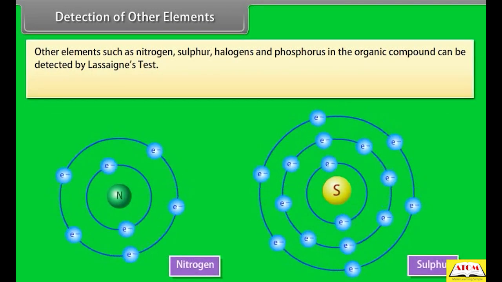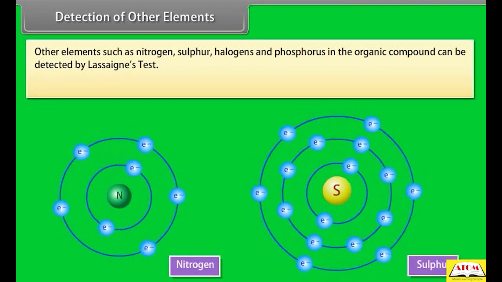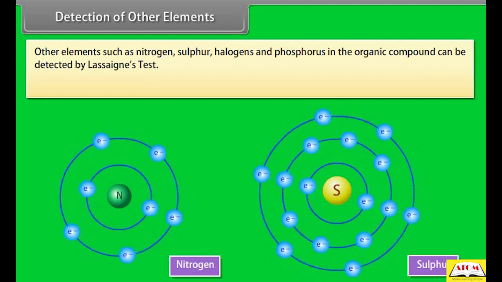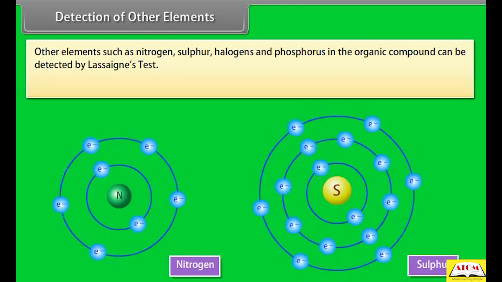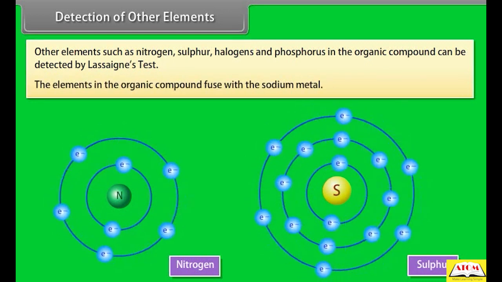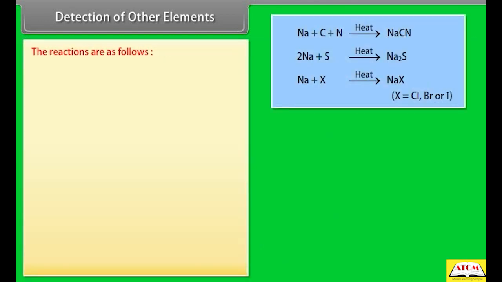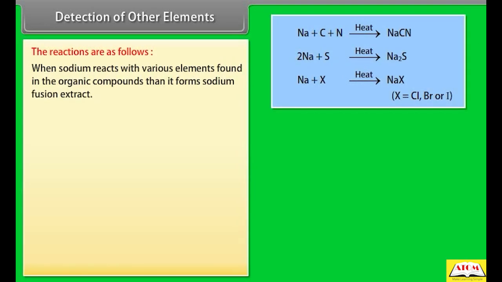Detection of other elements. Other elements such as nitrogen, sulfur, halogens and phosphorus in the organic compound can be detected by Lassaigne's test. The elements in the organic compound are fused with sodium metal. The reactions are as follows. When sodium reacts with various elements found in the organic compound, it forms sodium fusion extract.